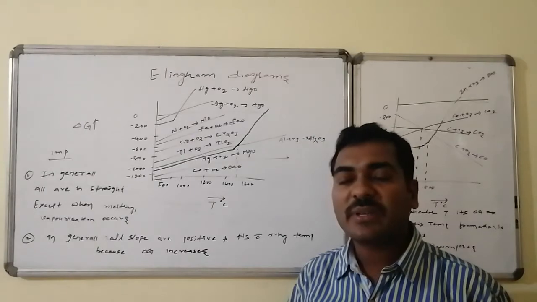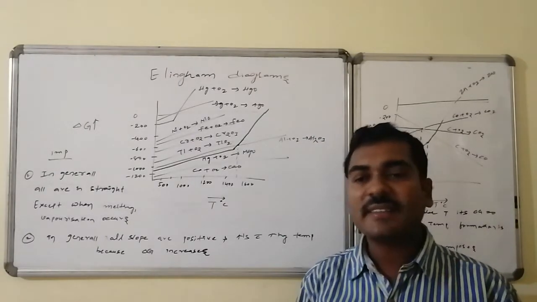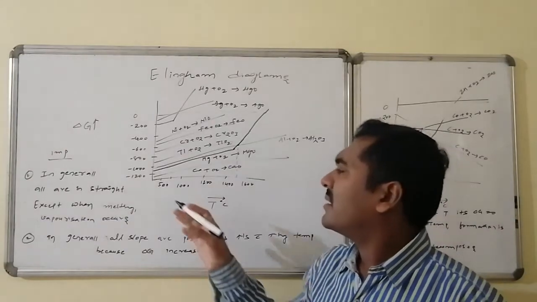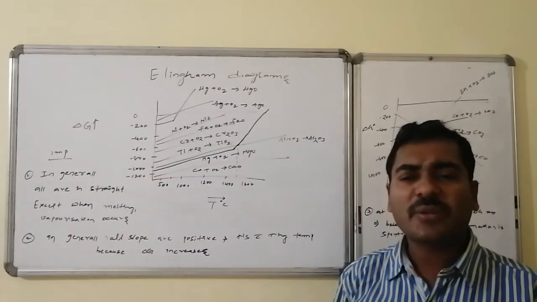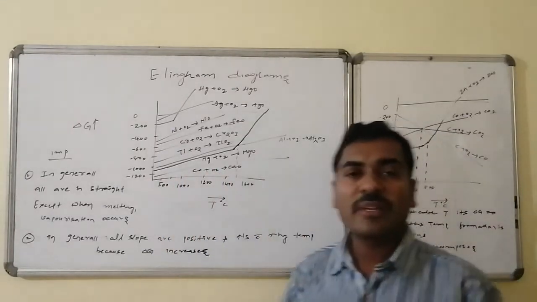As a result, the amount of heat energy liberated in the process decreases. Thus the delta G values keep increasing, and the slope always appears positive.